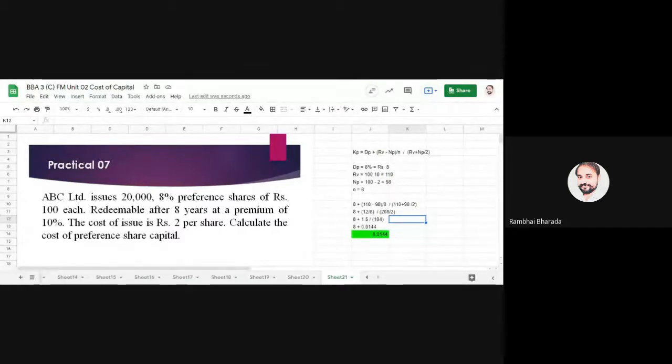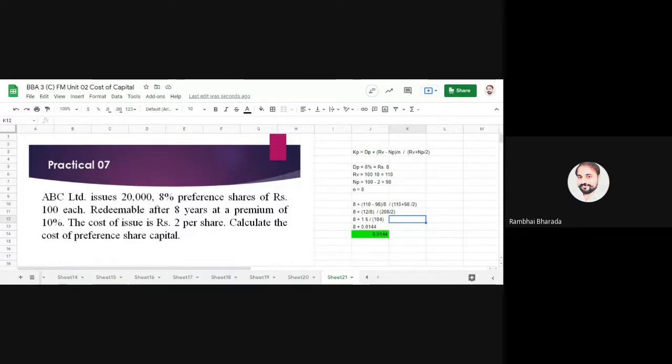DP is equal to 8 plus; this is your first parameter.